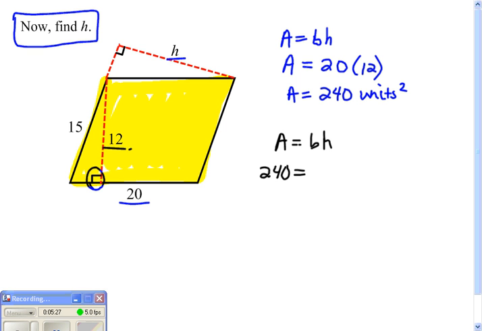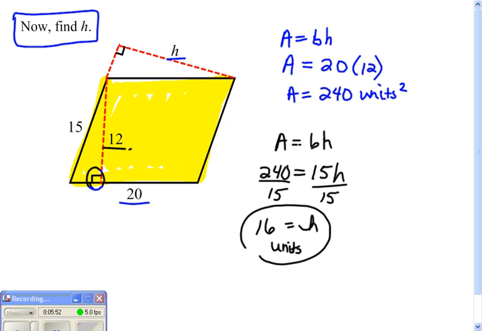And now I'm going to look at that 15 as my base value and the h is my height. I now have an equation with one variable, and I just solve it, in this case by dividing by 15 on both sides. And I find out that the height at the top there would have to be 16 units. It is no longer squared because height is not squared.